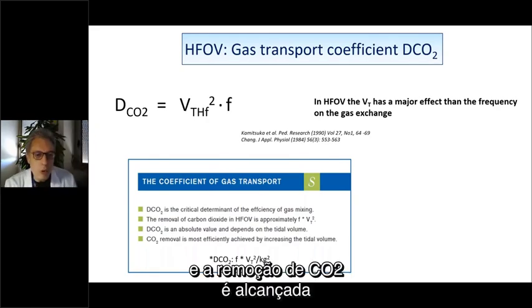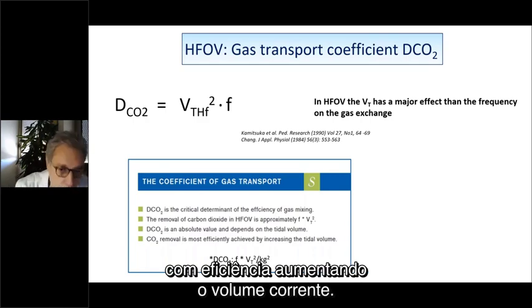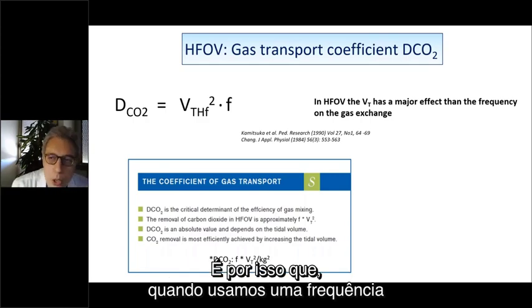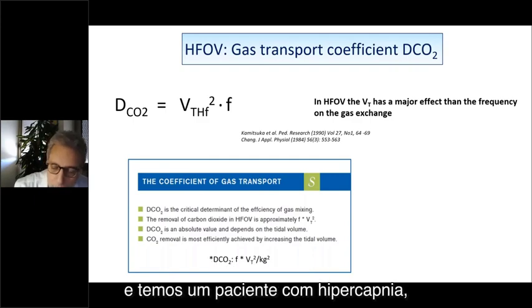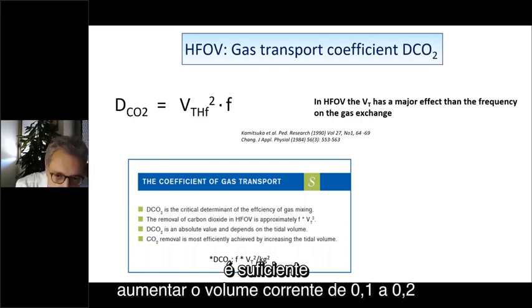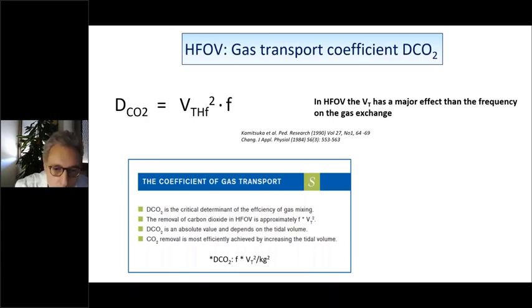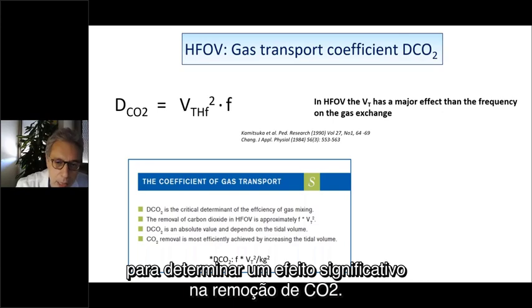CO2 removal is most efficiently achieved by increasing the tidal volume. And this is why when we use high frequency and we have a patient with hypercapnia, it's sufficient to increase the tidal volume by 0.1, 0.2 to determine a significant effect on CO2 removal.